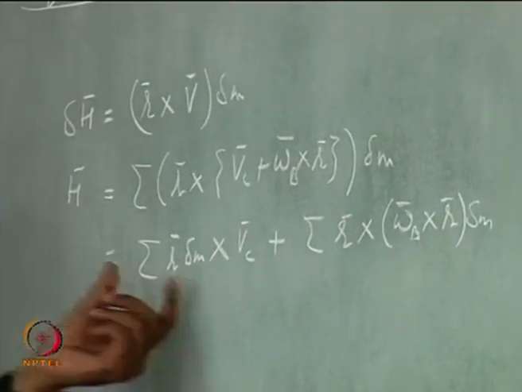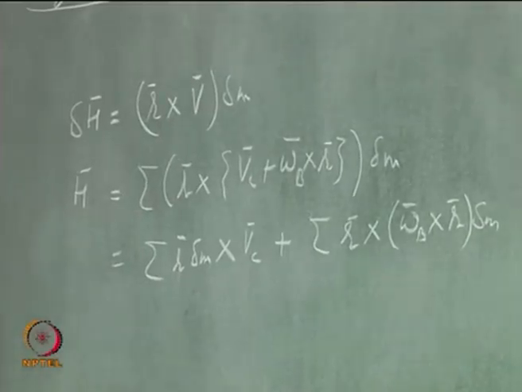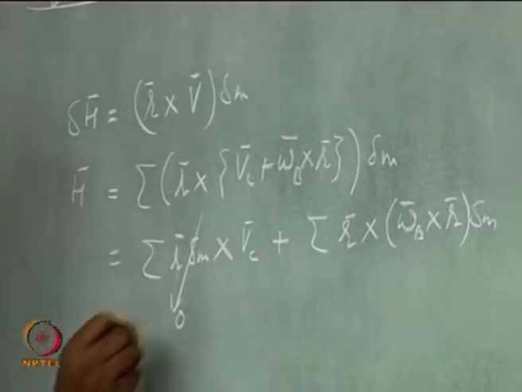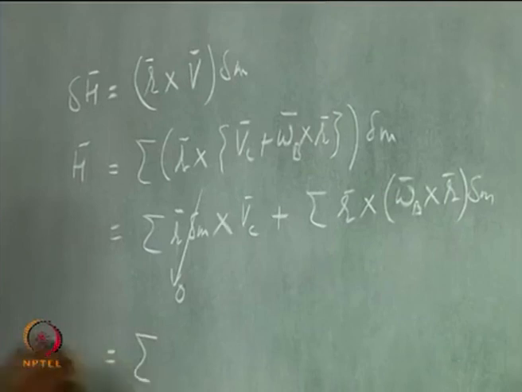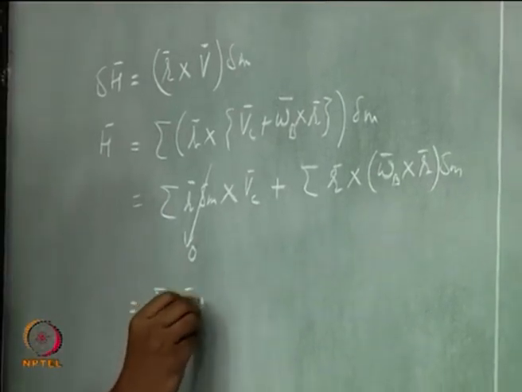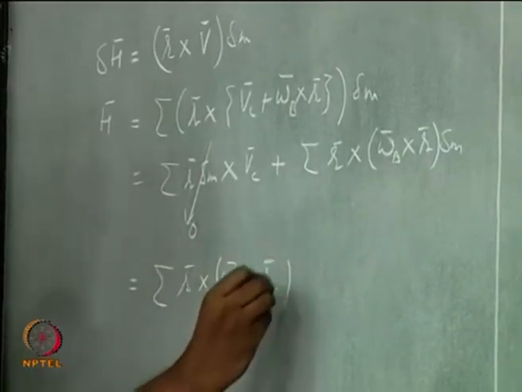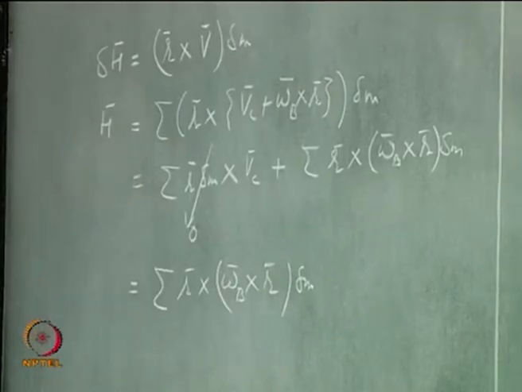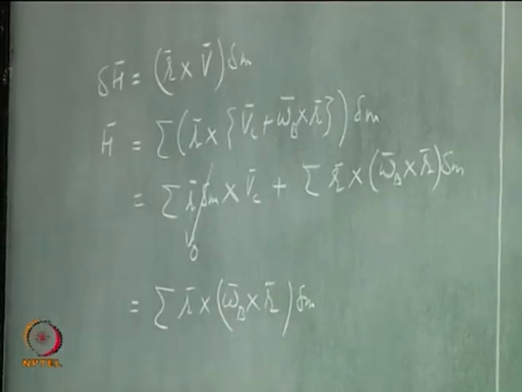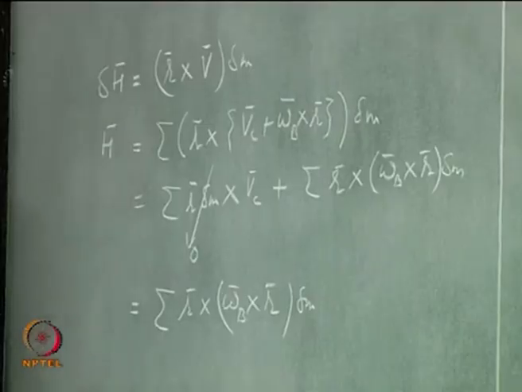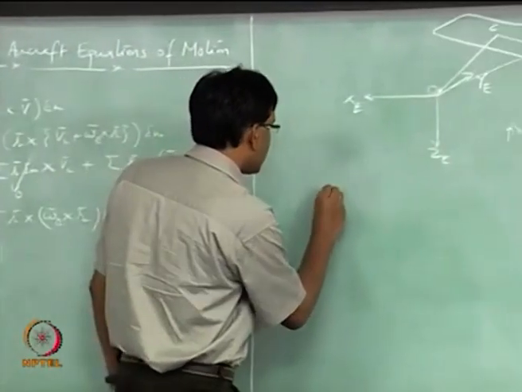We dropped this term saying that all the distances are being measured with respect to the center of mass, and then we arrived at this expression. This omega b is the angular velocity of the aircraft with respect to the body fixed coordinate system.